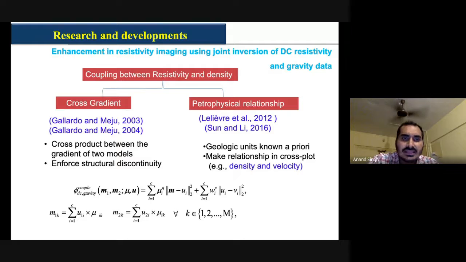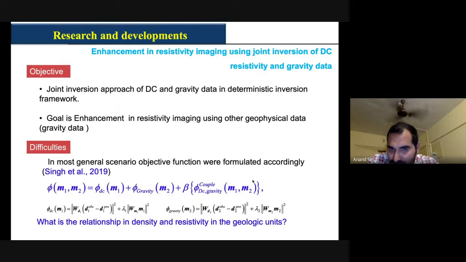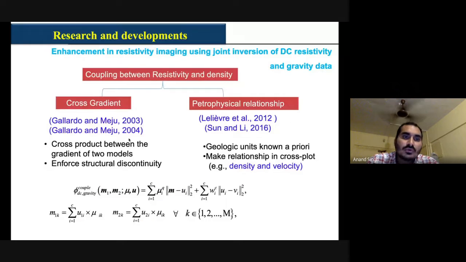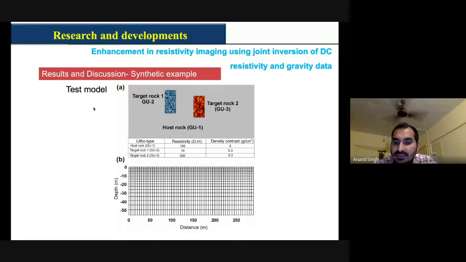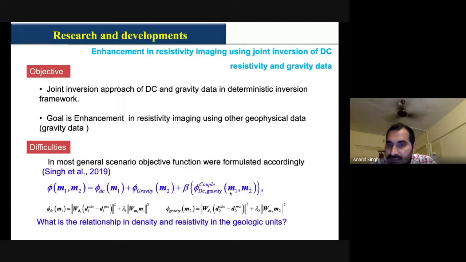In this category, if you consider worldwide research, there are two major groups following two pathways to compute the relation between these two. One group follows the cross gradient approach, meaning they compute the cross gradient between these two physical properties, and if the cross gradient goes to zero, then you get the structural discontinuity pattern.